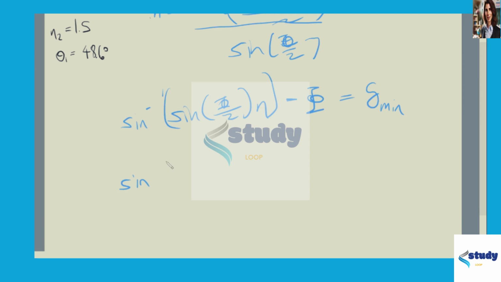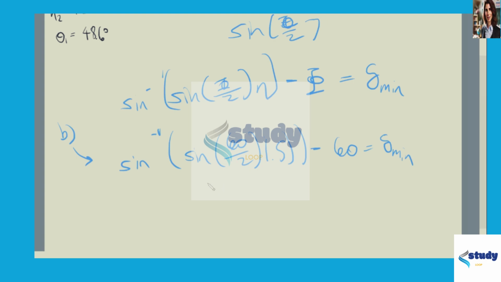So in this case, for B, we're going to have sine inverse of sine of 60 divided by 2 times 1.5, minus 60. And that is going to give us an answer of 37.2 degrees.